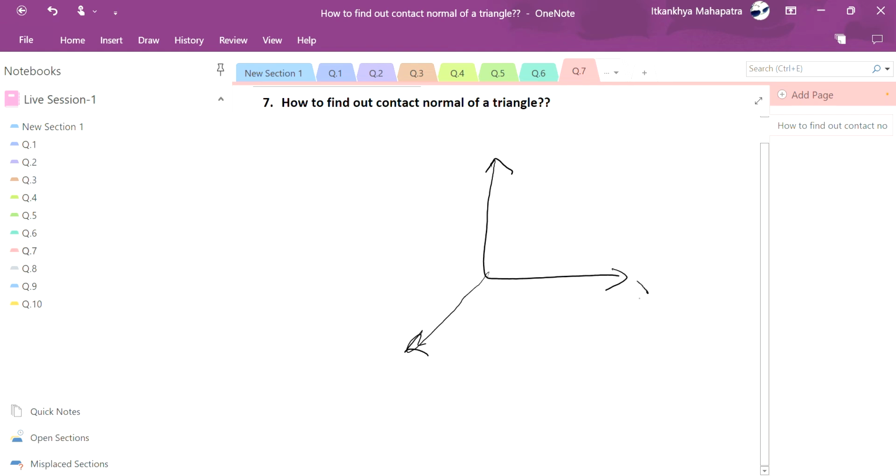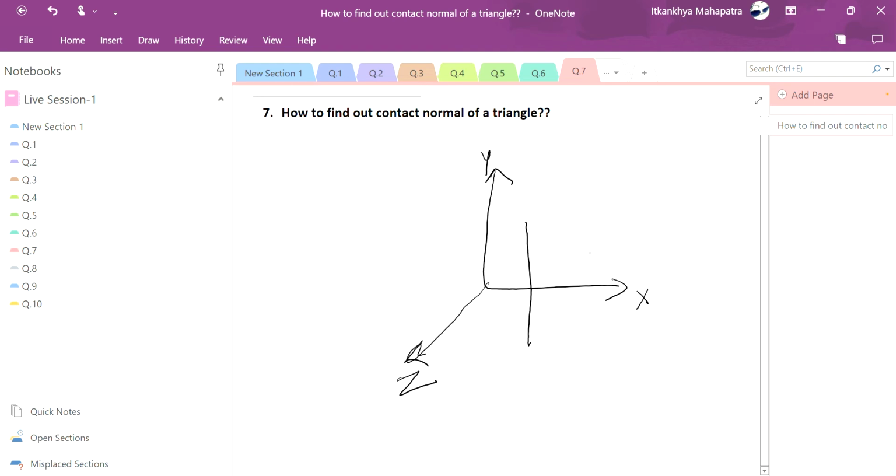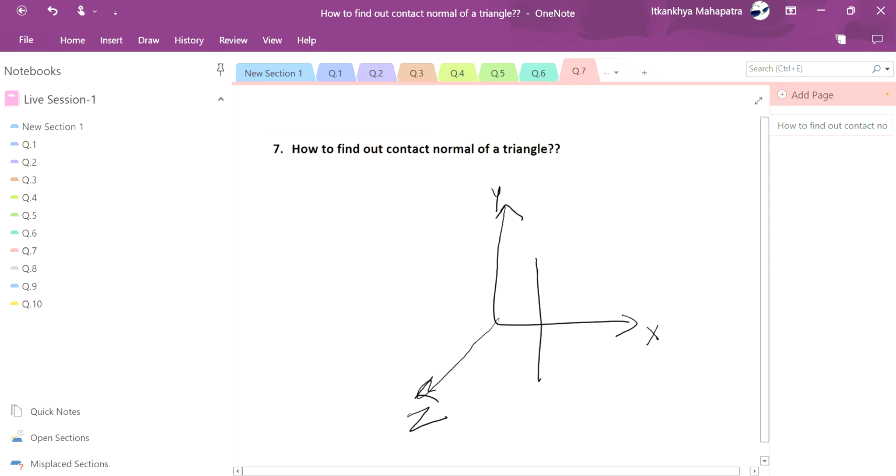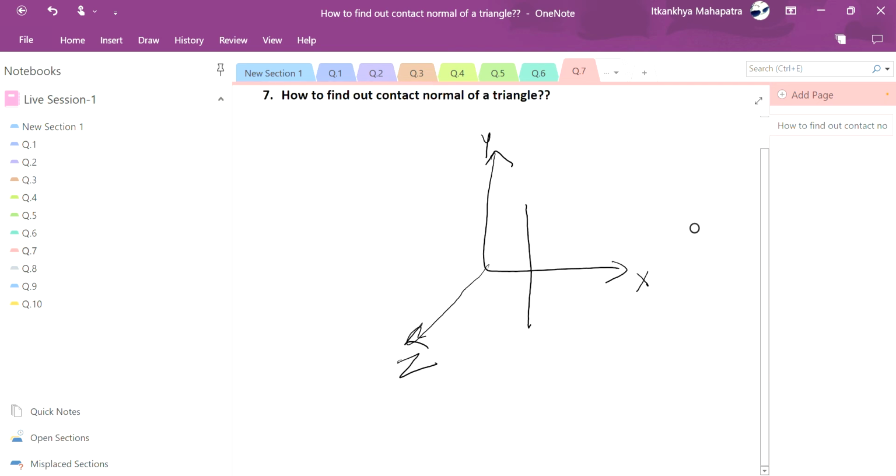Let me draw the graph first. The question is how we are now solving for the contact normal of a triangle. So these are the coordinate axes x, y, and z. We will stick with this nomenclature. We'll now draw the triangle. Whatever was written in the chat box, the response was correct. But we will just see elaborately how to solve it for a numerical question.